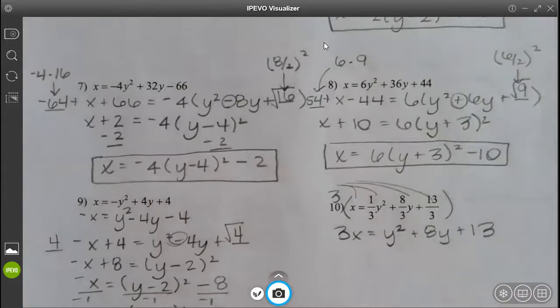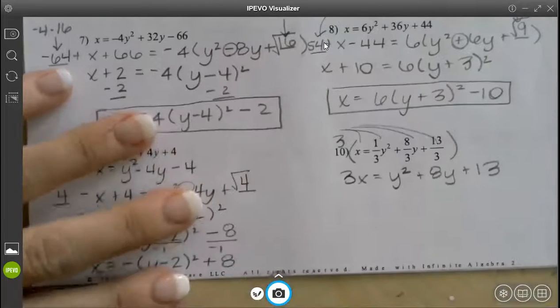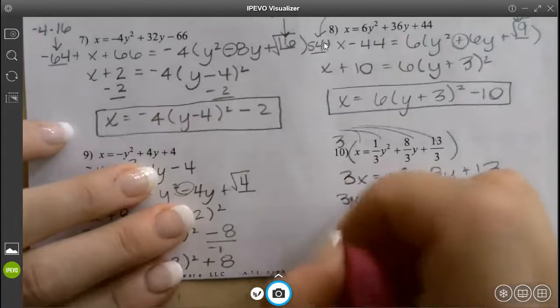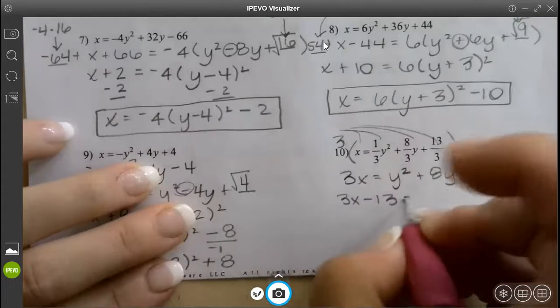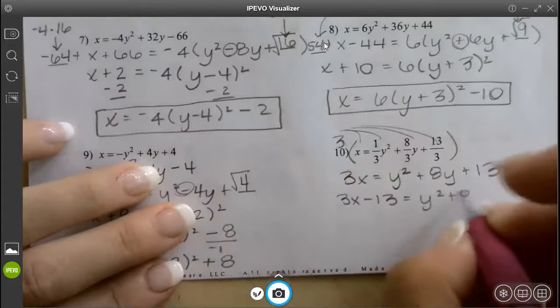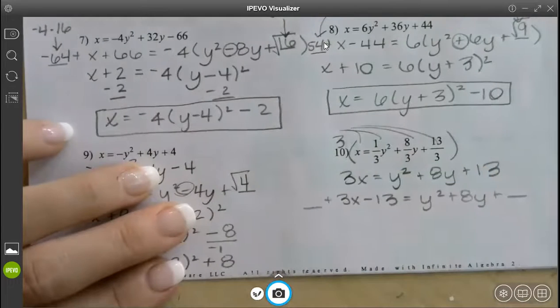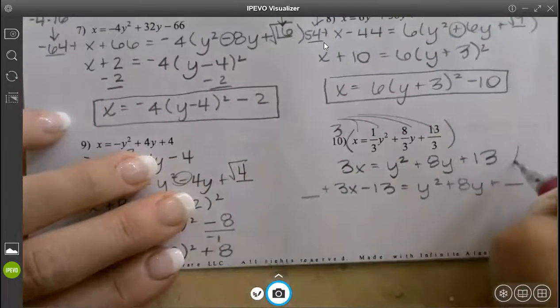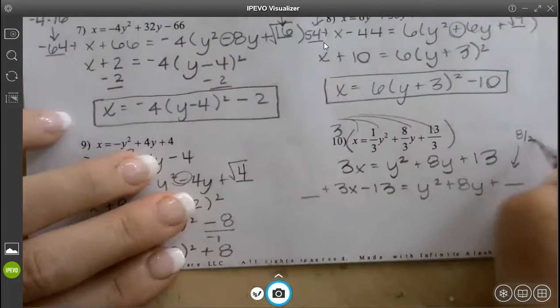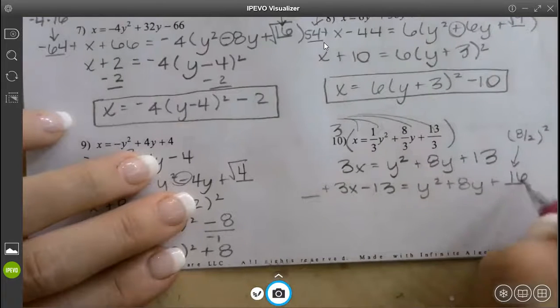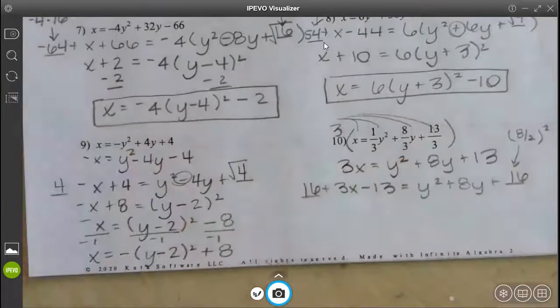Move the 13 over, complete the square. So we're going to do 3x minus 13 equals y squared plus 8y plus blank. Eight divided by 2 is 4, squared is 16. We didn't pull anything out, so that goes in both boxes or both blanks.